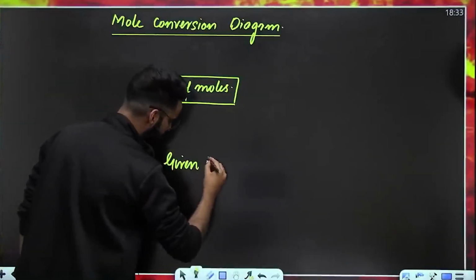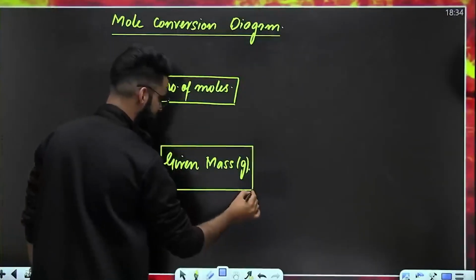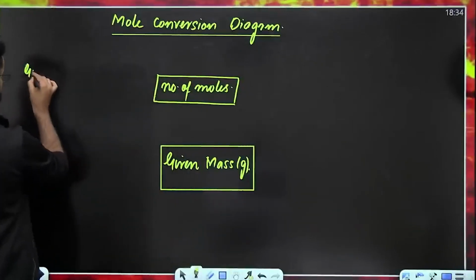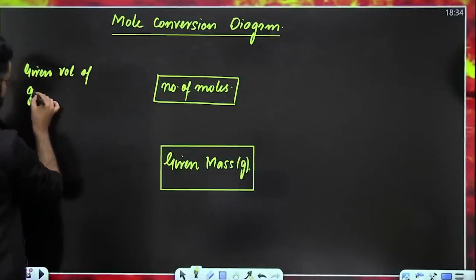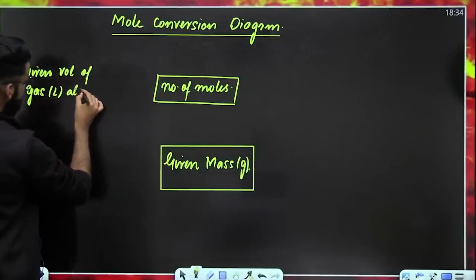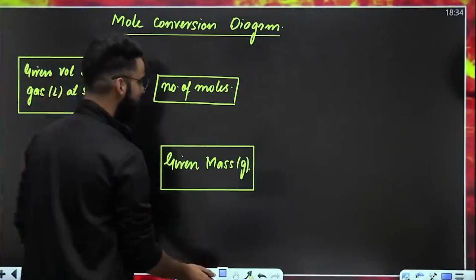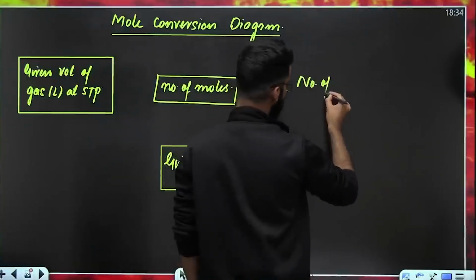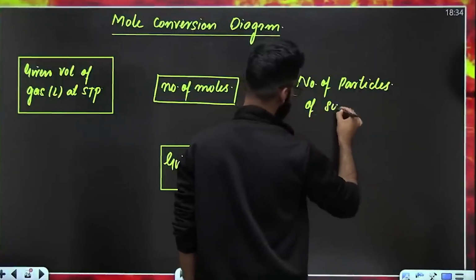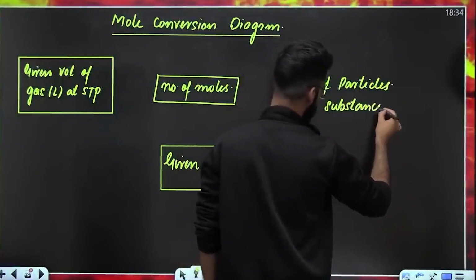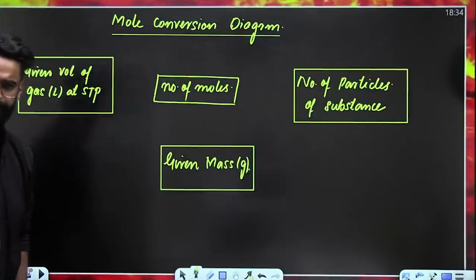Either we will be given the mass of the substance in grams, or the volume of the gas in liters at STP, or the number of particles of the substance. These are the three ways, and accordingly, we'll be using the formula to calculate number of moles of the substance, correct?